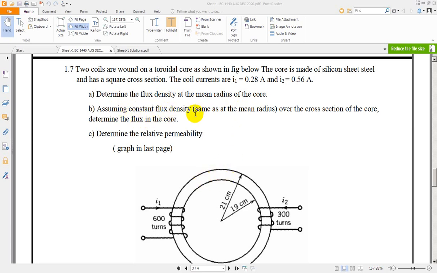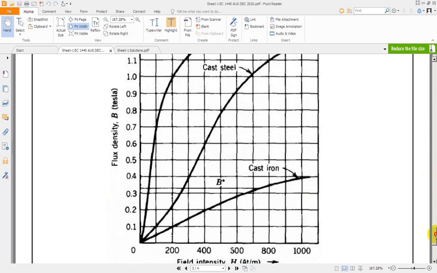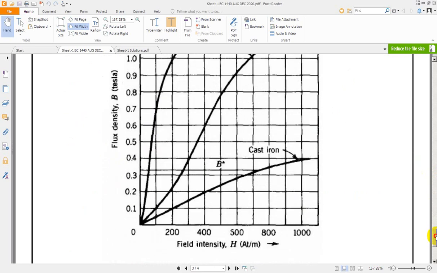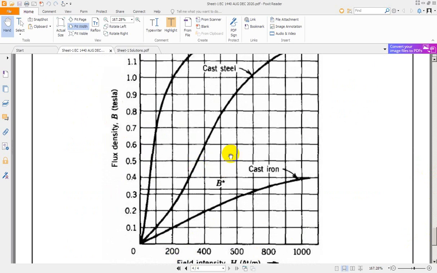Assuming constant flux density over the cross sectional area of the core, determine the flux in the core, and later on the relative permeability. Some information is given in graphical form on the last page. This is the relationship between field intensity H and flux density, which we call a BH curve.